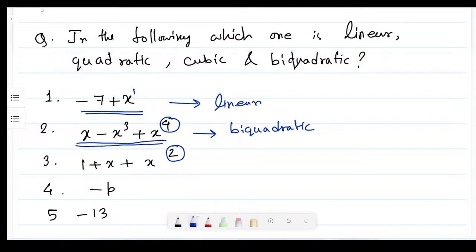The highest power in this expression is 2, so it is a degree 2 polynomial. That is quadratic.